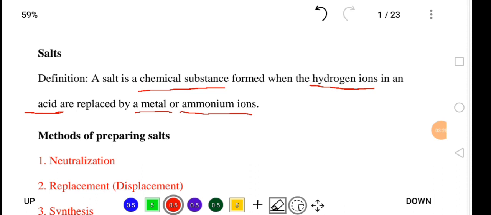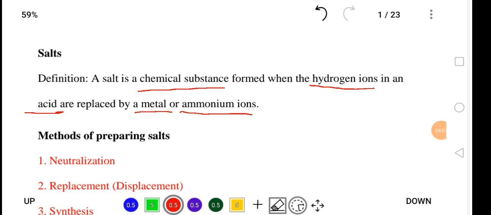Knowing the definition is not enough, but understanding the science behind the definition is very important. So when we say a salt is a chemical substance formed when the hydrogen ions in an acid are replaced by a metal or ammonium ions, we mean we are reacting a reactive metal and/or ammonium ions with an acid in order to produce a salt.